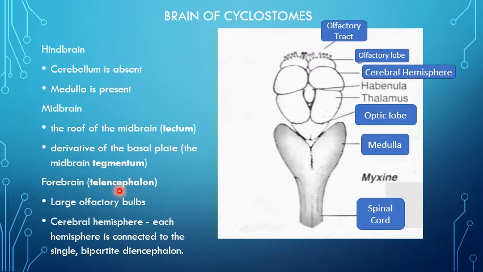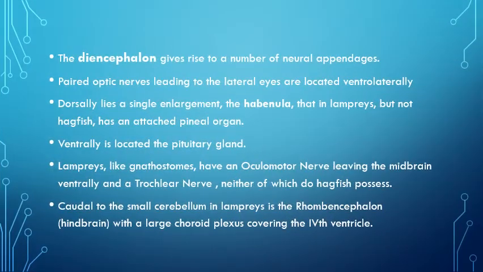In the forebrain or telencephalon, there are large olfactory bulbs followed by cerebral hemispheres. The diencephalon gives rise to a number of neural appendages. Paired optic nerves lead to the lateral eyes.